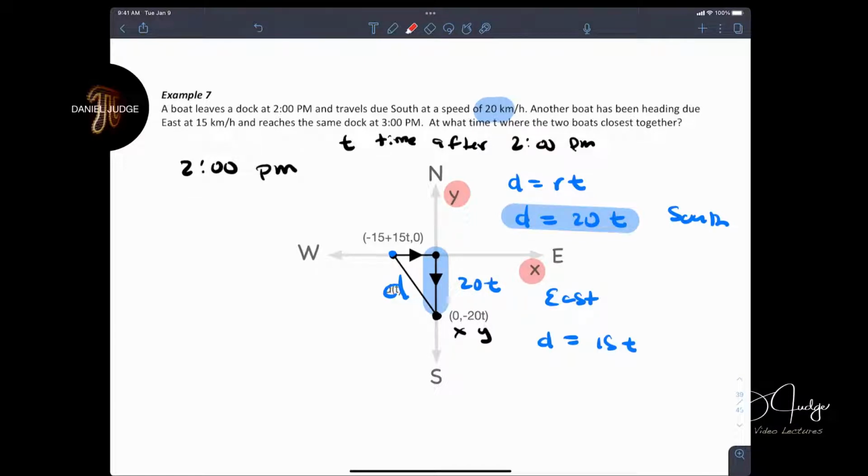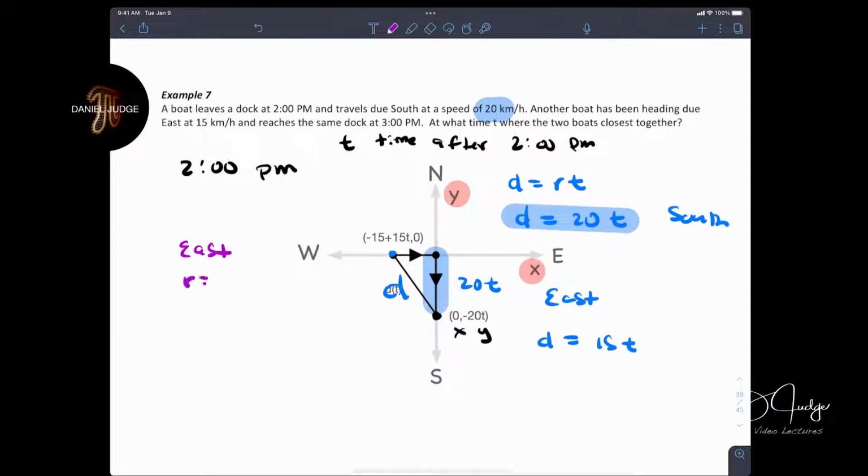And they say another boat has been heading due east at 15 kilometers per hour. So the east boat has its rate. The rate here for the east boat is 15 kilometers per hour.